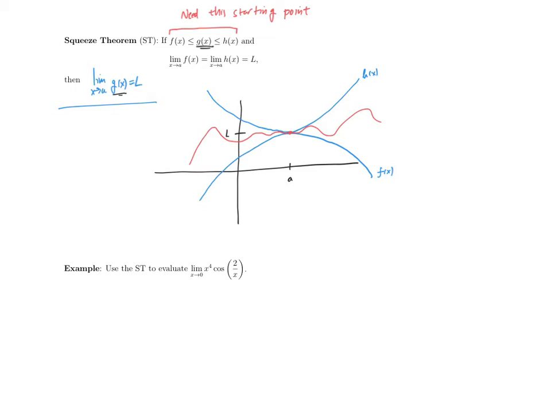And somehow we're going to have to come up with these inequalities, that is, find this smaller and larger function that have the same limit. But luckily for us, when we apply the squeeze theorem, it's going to fall into typically one of two scenarios. We give you an inequality to start with, kind of a hint to use the squeeze theorem, which I will refer to as ST, or it has the form that we see below.